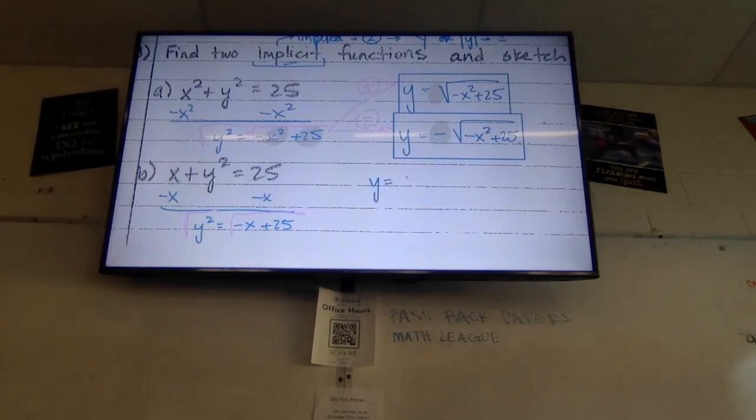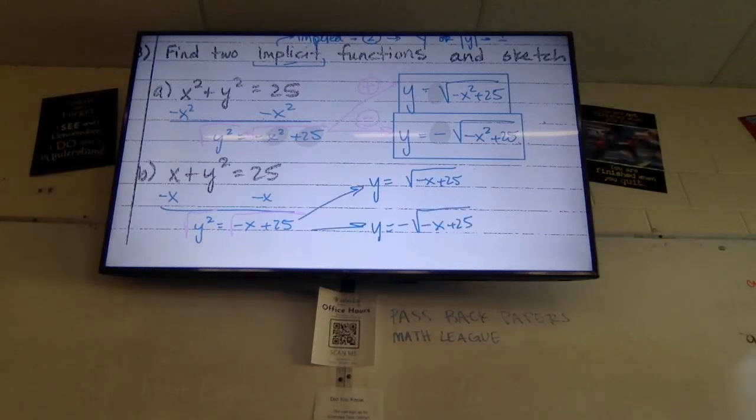Negative square root. Negative x plus 25, good. y equals the positive version, y equals the negative version. Very good. So we got two equations here again, positive and negative. Great job, guys. You're rocking it. How we feeling? Good?